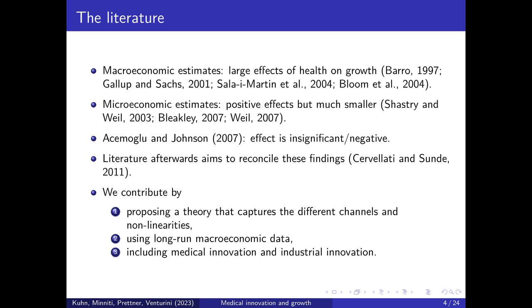And then if you aggregate these effects up to the macroeconomic level, they claimed to have derived the macroeconomic effect of health based on microeconomic estimates. What they find is that actually there is a causal positive effect of health on economic growth via this channel, but it is much smaller than the one that is found by the macroeconomic estimates earlier.